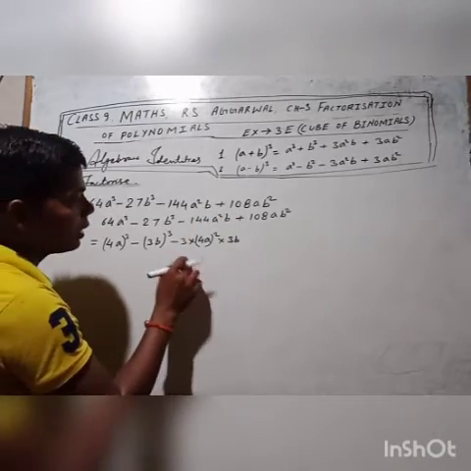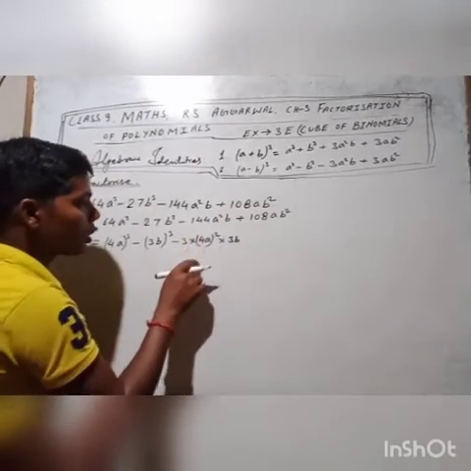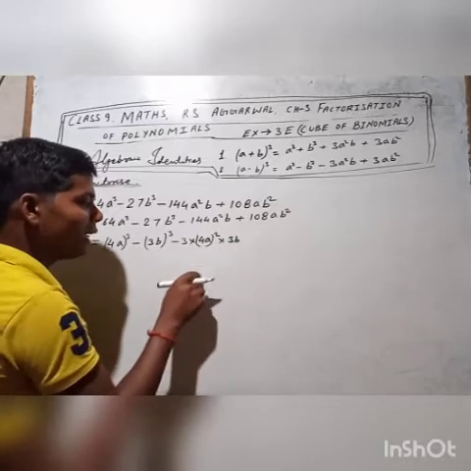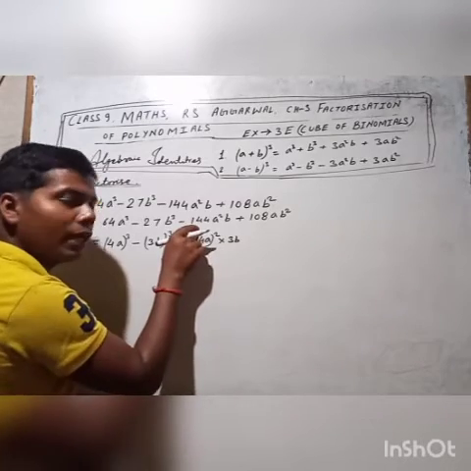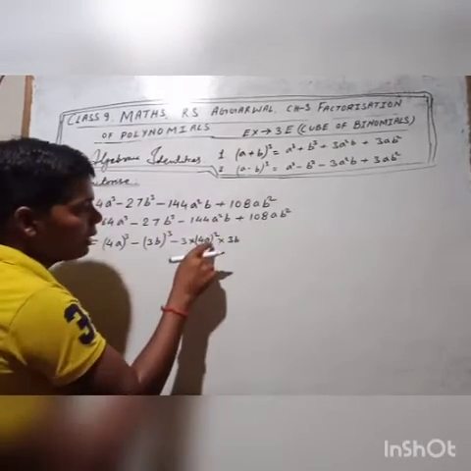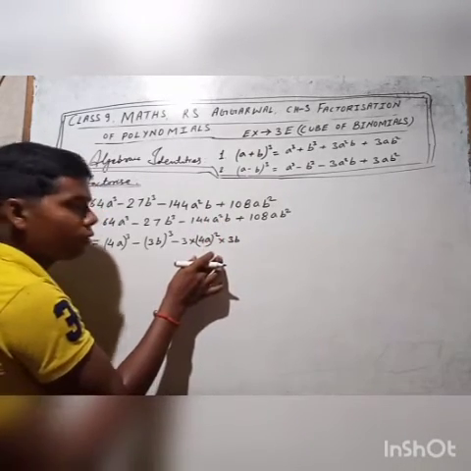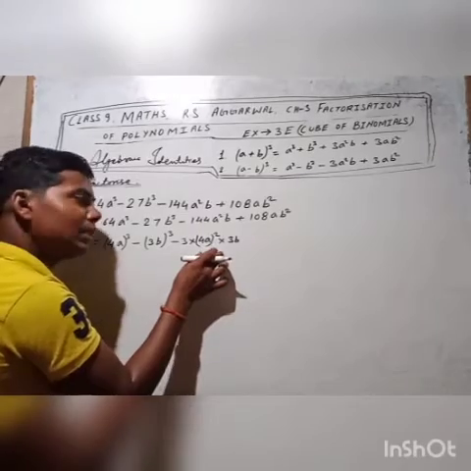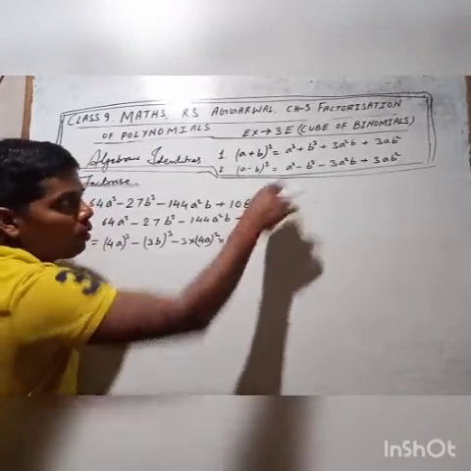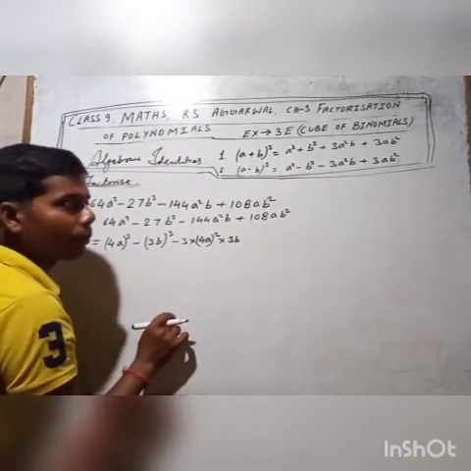You can check it. 4 square will give 16 and 3 square will give 9. So 16 nines are 144. That is clear. And a square will give a square, b will remain as b. So it has been automatically arranged in the form of 3a square b.